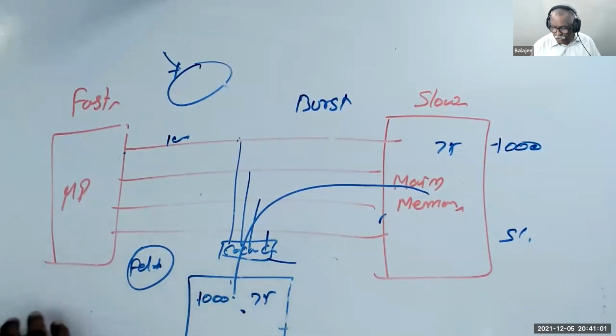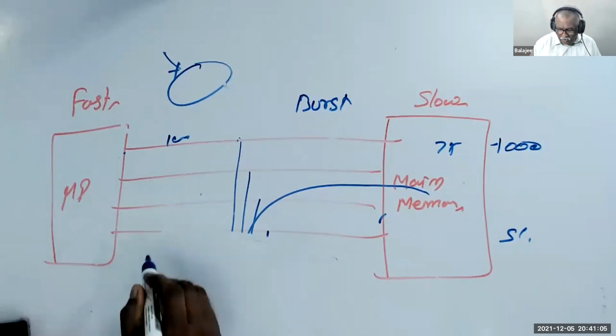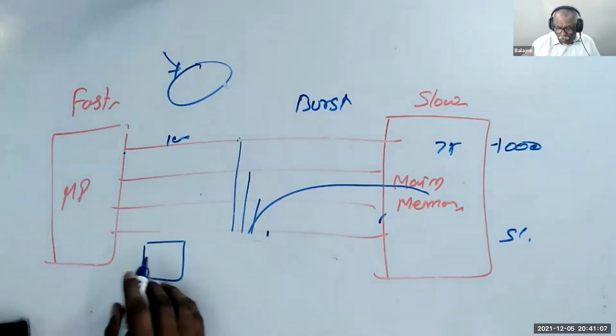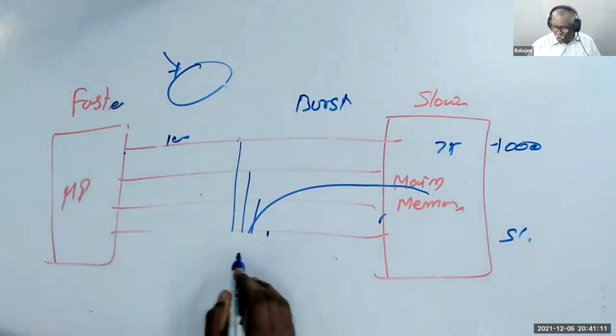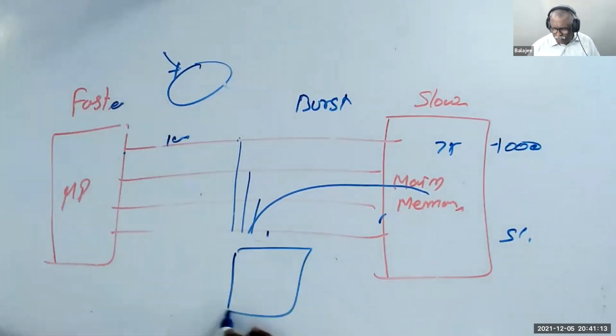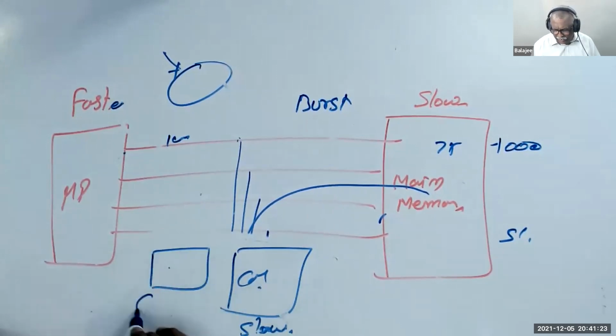Now, what they have done with the chip is a beauty. Unfortunately, this CPU becomes faster still, so the cache itself becomes slower. So they put a cache to cache.